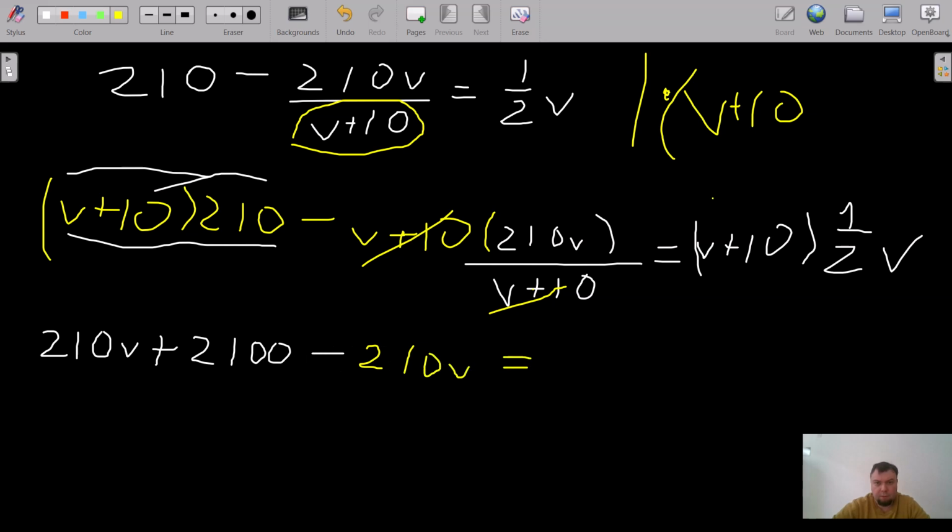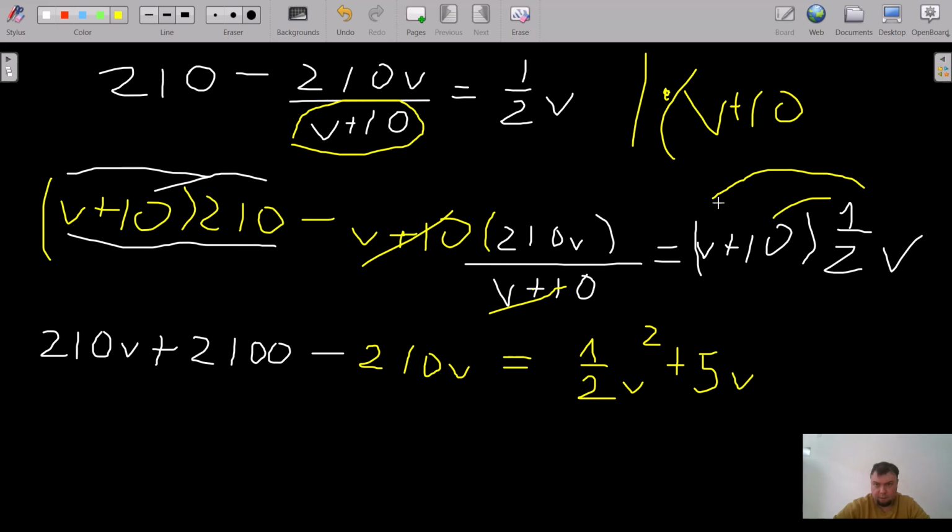equals to, again, here we do the same, we multiply this times that. So what we're going to get is a half V squared plus 5V.